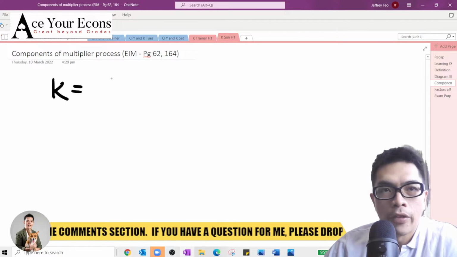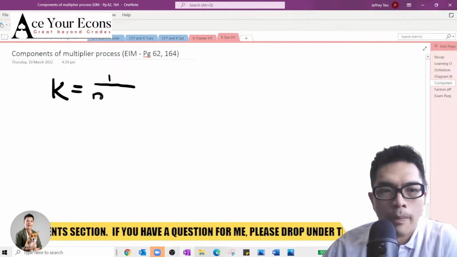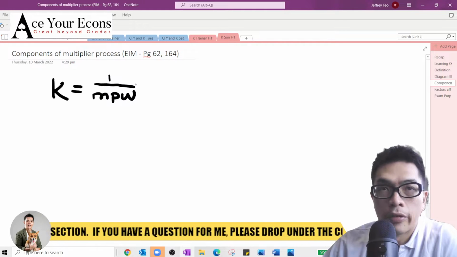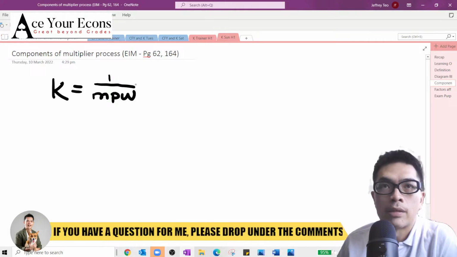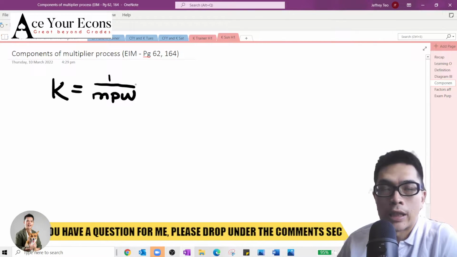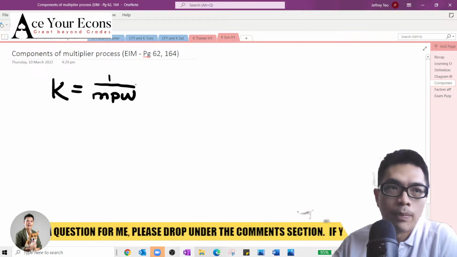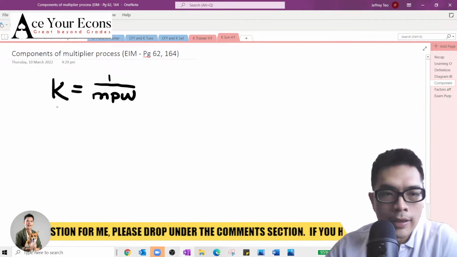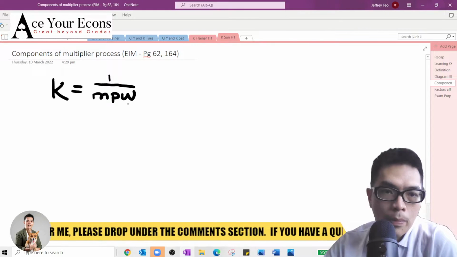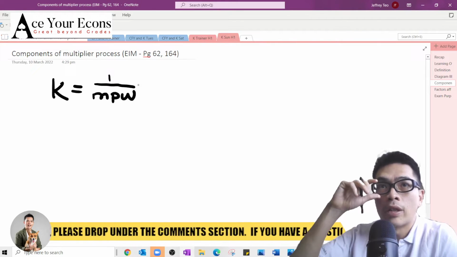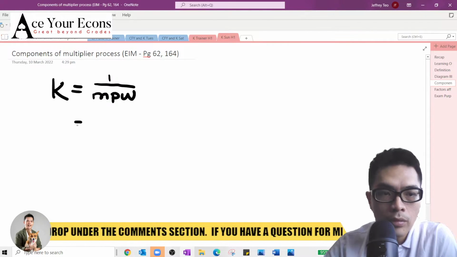Your size of multiplier is inversely related to your marginal propensity to withdraw. I will be introducing a lot of marginal propensity concepts, and I will explain in a short while. I'll just introduce all the key terms first. Please take notes. The lesser the withdrawal, the higher the size of the multiplier.